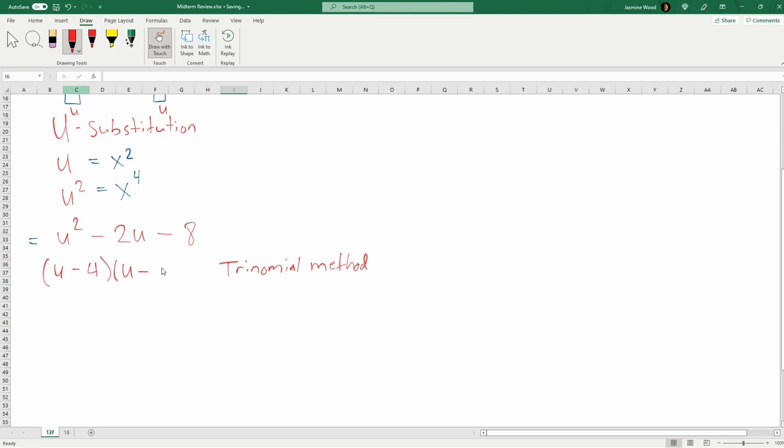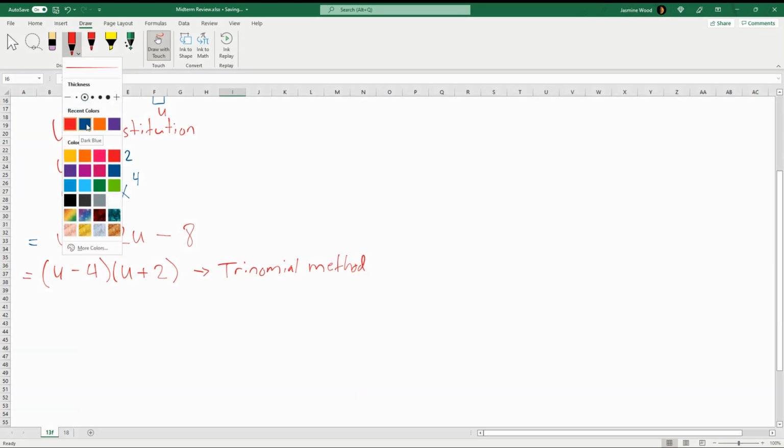So this is what the expression will be equal to when we factor it using the trinomial method, the same trinomial method we've done in many other problems.